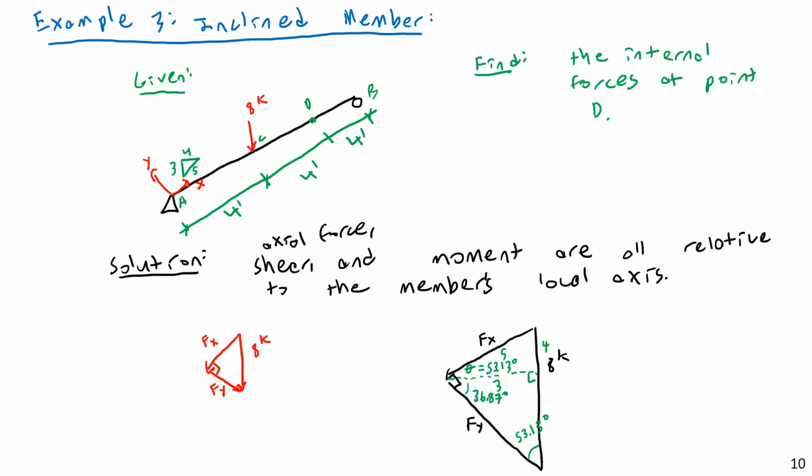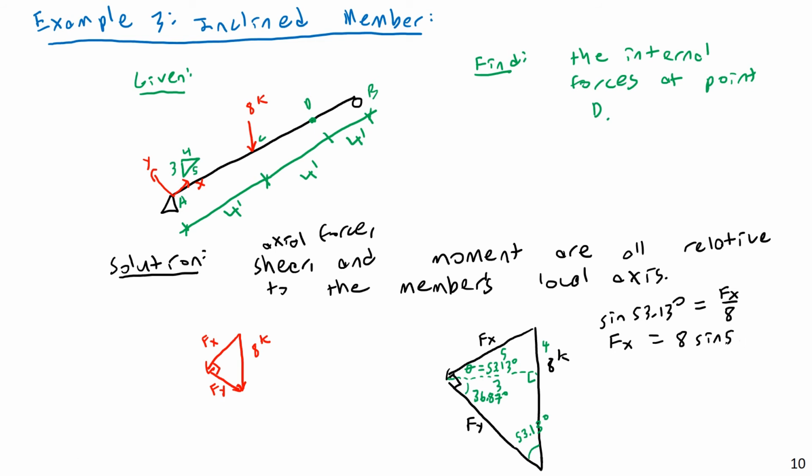So I could say that the sine of 53.13 degrees, opposite over hypotenuse, is equal to Fx over 8, which means that Fx, the x component, is 8 times the sine of 53.13 degrees.